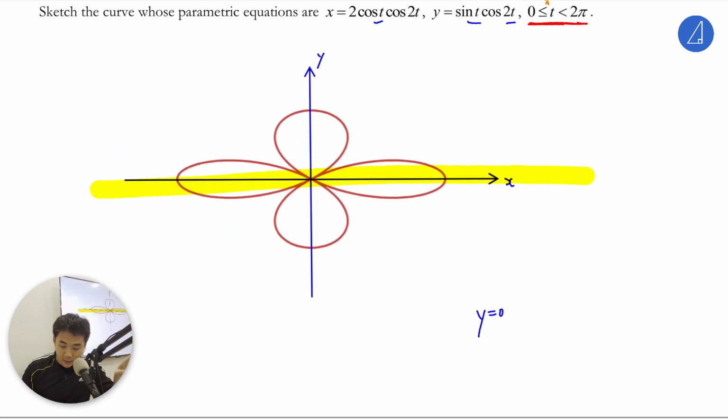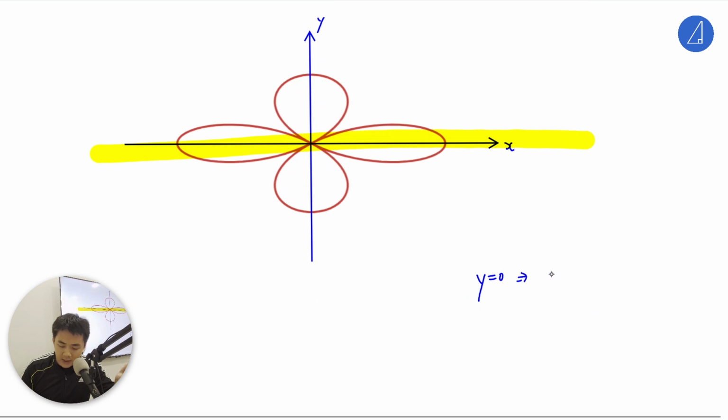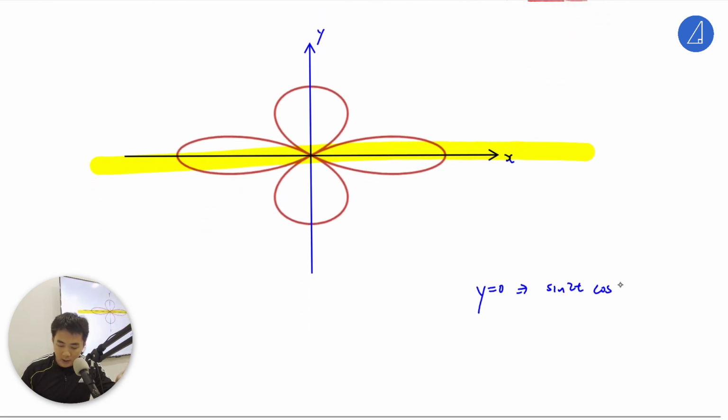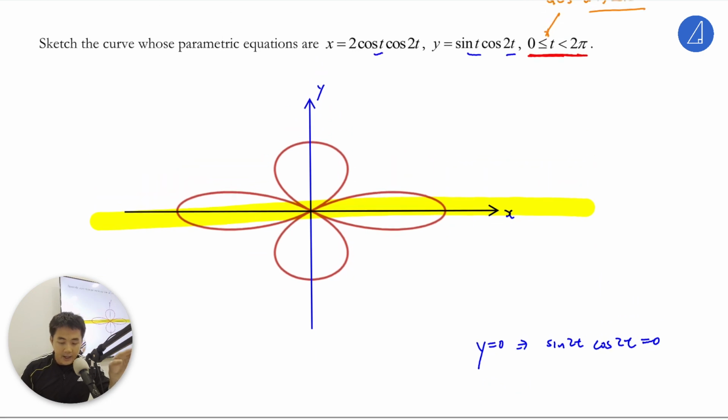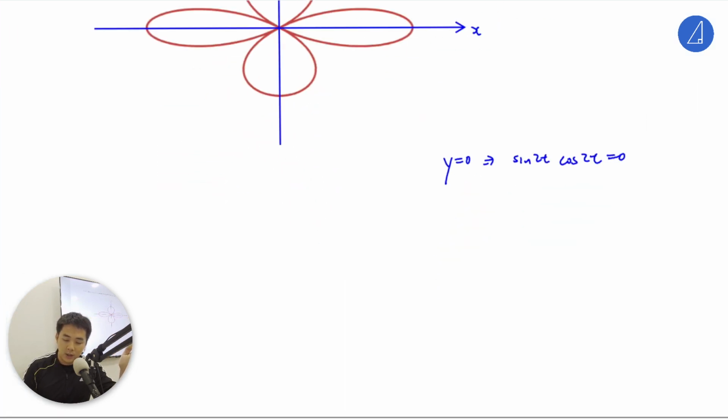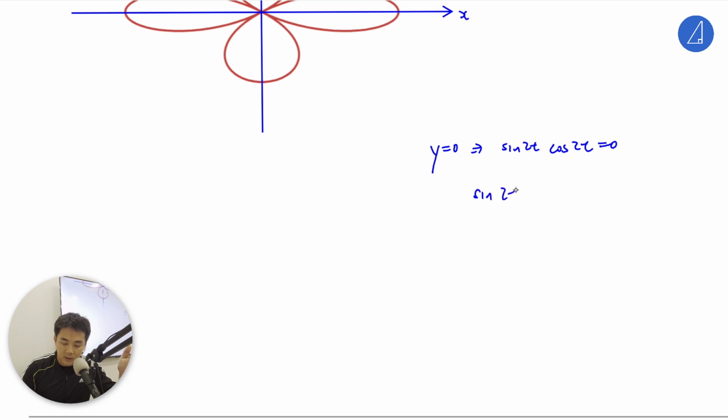So when y is 0, you know that this is sine 2t. This will be cosine 2t, right? Cosine 2t equals to 0. Why we equate this to 0 is because we want to find the parameter where the curve is on the x-axis. So y is 0. Then from here, I know sine 2t is equal to 0 or cosine 2t equals to 0.